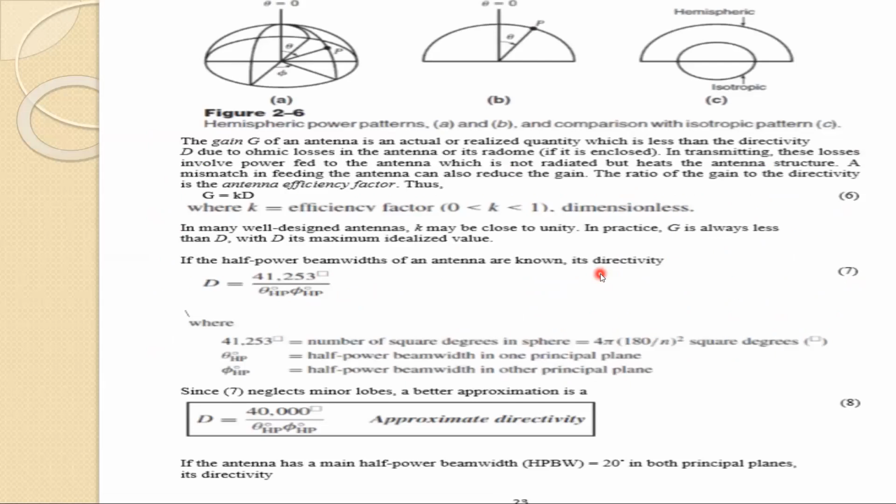So you are watching the updated directivity equations. This is the hemisphere power pattern. Hemisphere power patterns A and B, and C equal to the isotropic pattern.